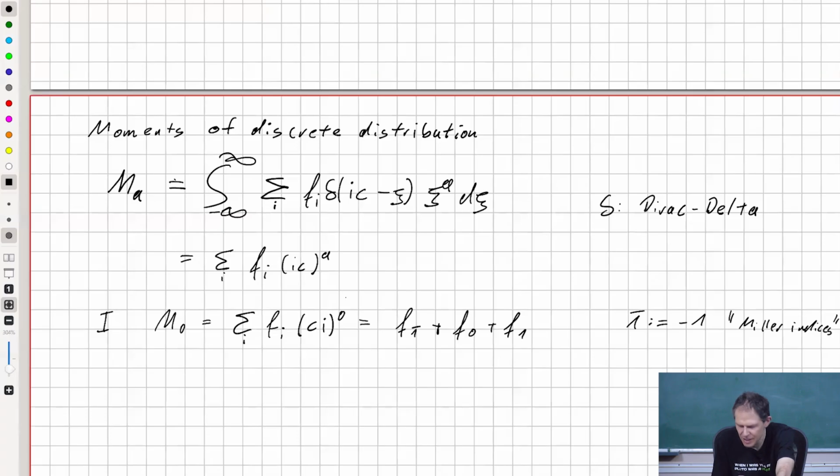It comes from Miller indices. Anybody here studied anything together with crystallography or material science? In material science, there are crystals. Crystals are lattices, and they have a way, of course, of describing directions in lattices, which is called the Miller indices.